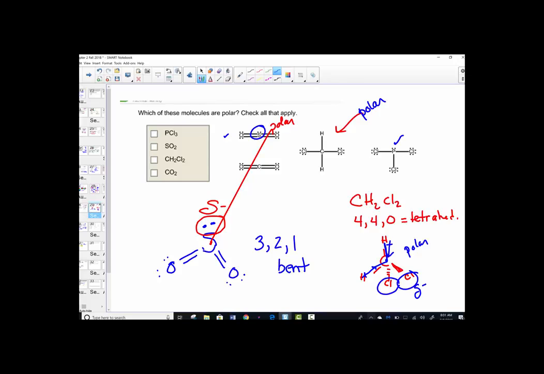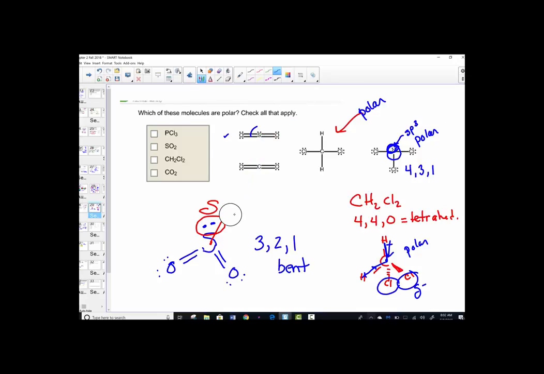This phosphorus is sp3 hybridized, tetrahedral. I can see in terms of the central atom, 4 domains, 3 bonded, 1 non-bonded, that's a dash, making the molecule trigonal pyramidal. These electron dots are different than the chlorines in all other directions, making this molecule polar.